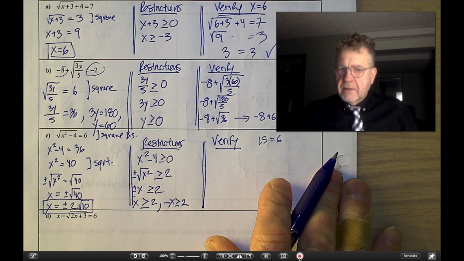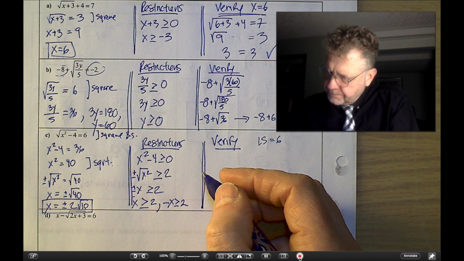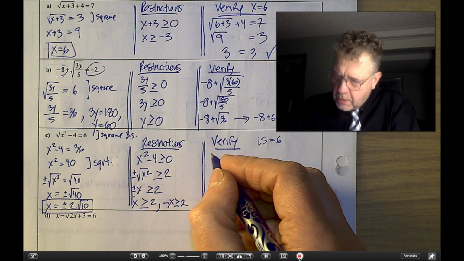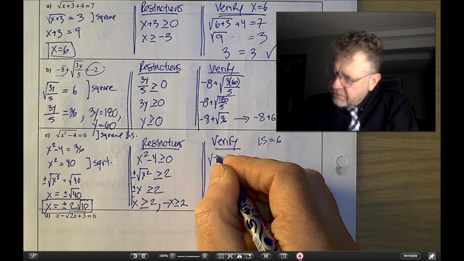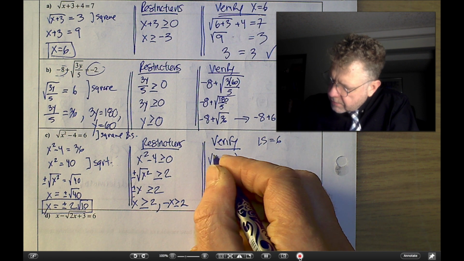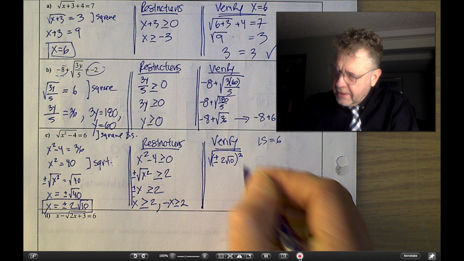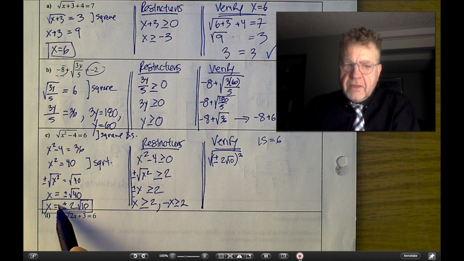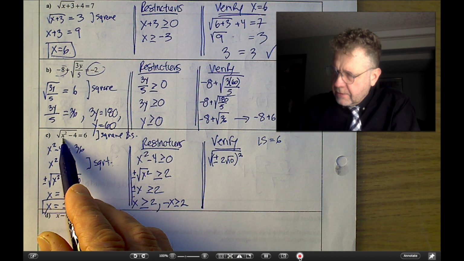There's the left side. Well, let's do it this way. We want the square root of plus or minus 2 root 10, squared, minus 4. Remember, we're taking this value here and plugging it into here.